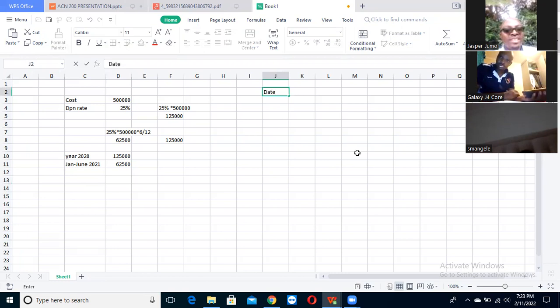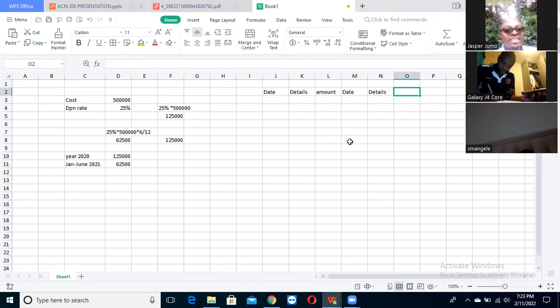and I suppose you know how the general ledger looks like. It has got a debit and the credit side. The debit side is composed of 3 columns: the date column, the details column, and the amount column. And then the credit side is composed of the same: the date column, the details column, and the amount column.